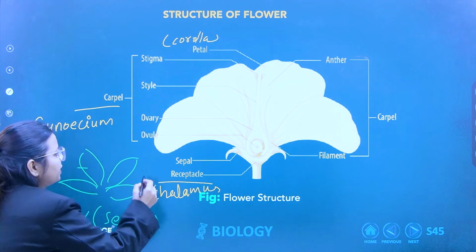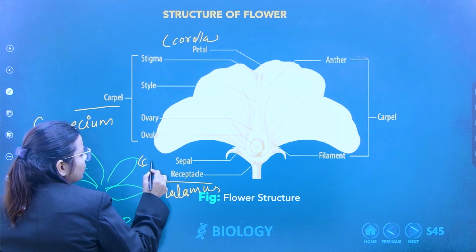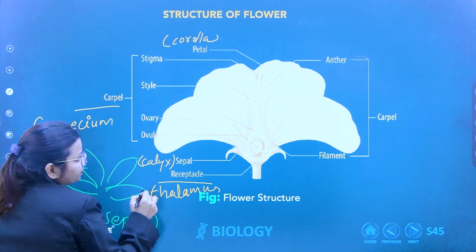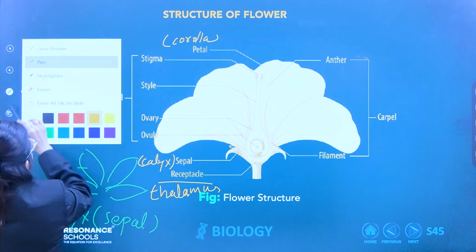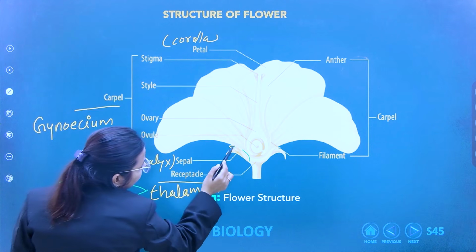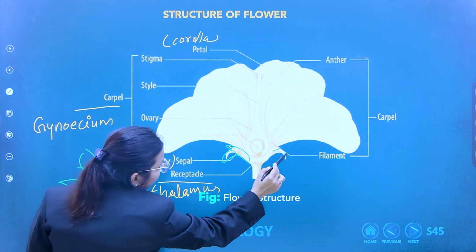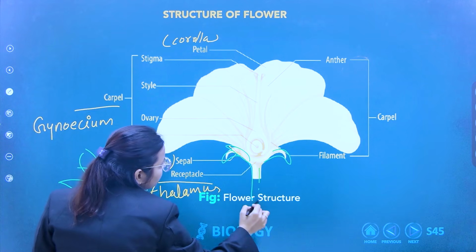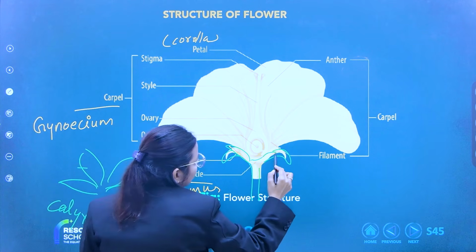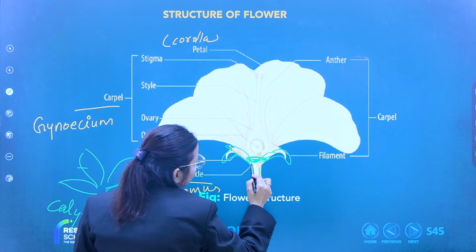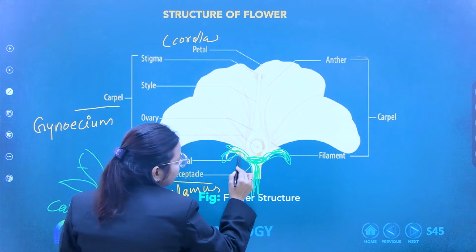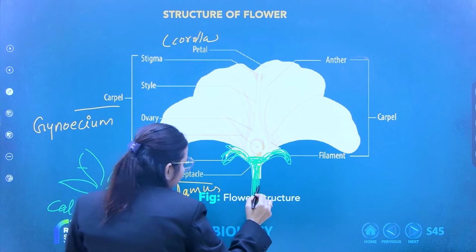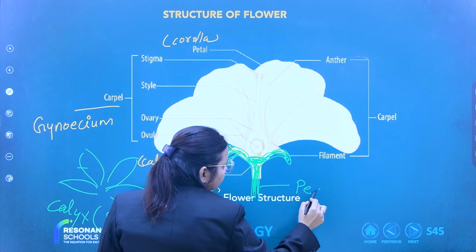The group of sepals is known as calyx, the green portion. This is sepal, this is thalamus, and this is pedicel.